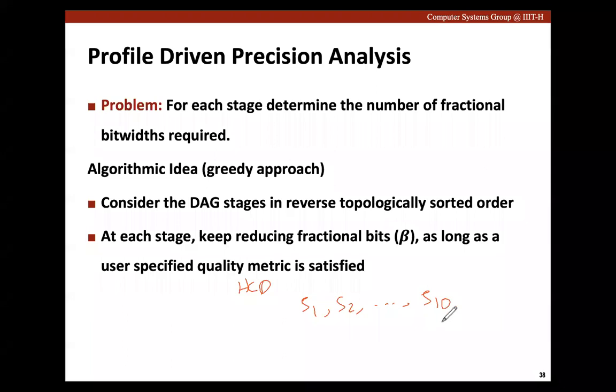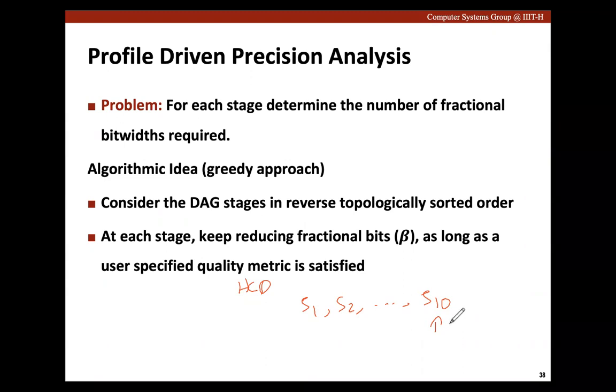We go to stage S10 and initially start with, let's say, all the stages requiring 16 bits of fractional representation. We start here and we keep dropping. Instead of using 16 bits for fractional representation, we use 15 bits and see if the results are still satisfactory.